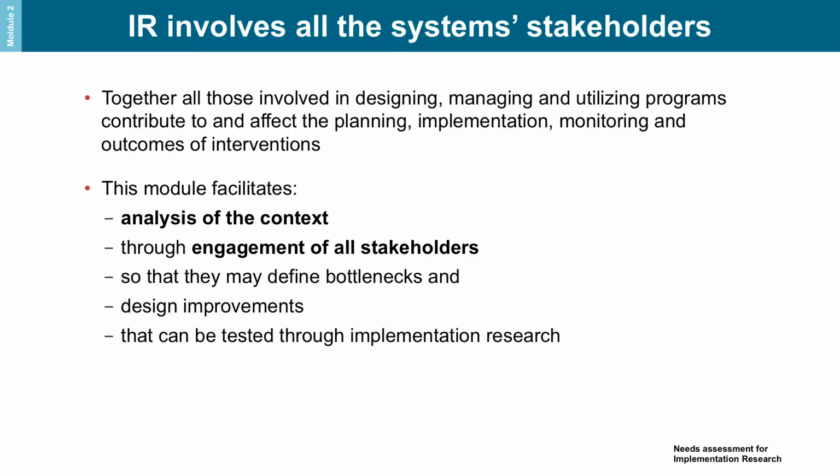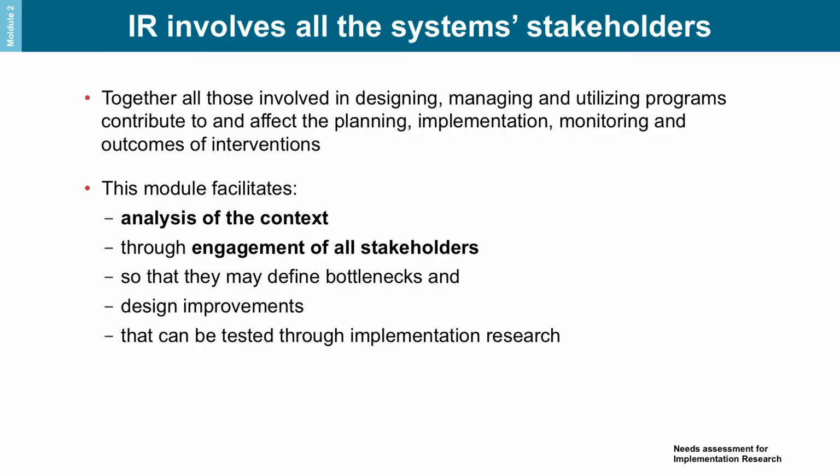So again, getting information from various sources to learn about this. So what we want to do in this module is to facilitate your learning about how do you analyze the context that you're going to be working in and researching in. How do you engage all the stakeholders, from the policymakers to the community members, so that the program is realistic for all of their needs.